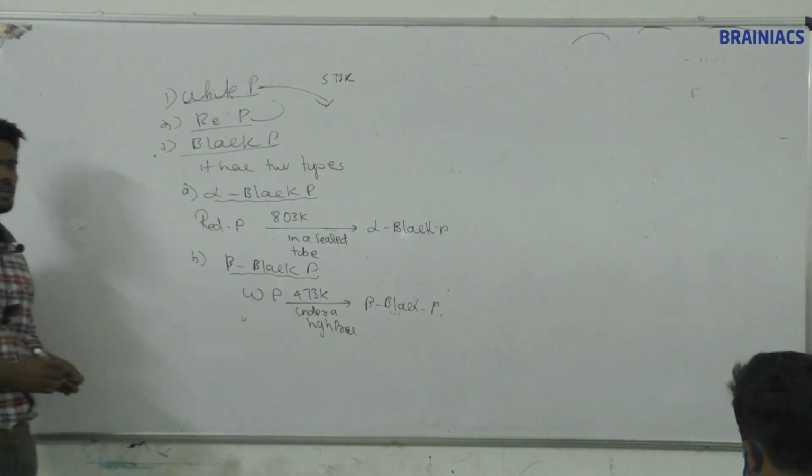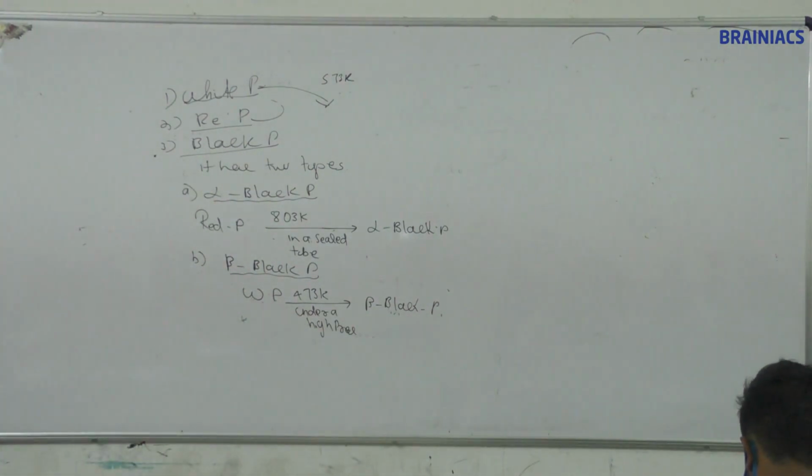So what are the different types of black phosphorus? Alpha black and beta black. Alpha black is formed from red phosphorus. Beta black is formed from white phosphorus. So which is the most reactive one? White phosphorus. Which is the least reactive one? Black. Okay.